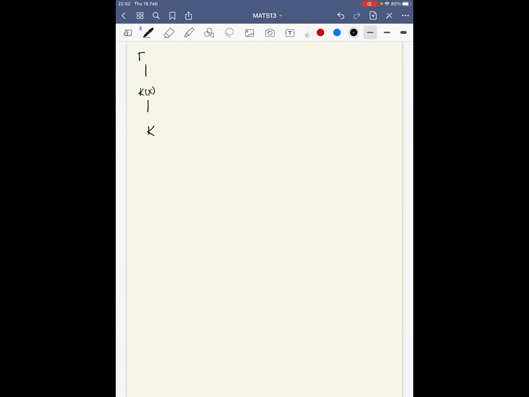In this course, mainly we will be interested in the finite extensions of a rational function field.